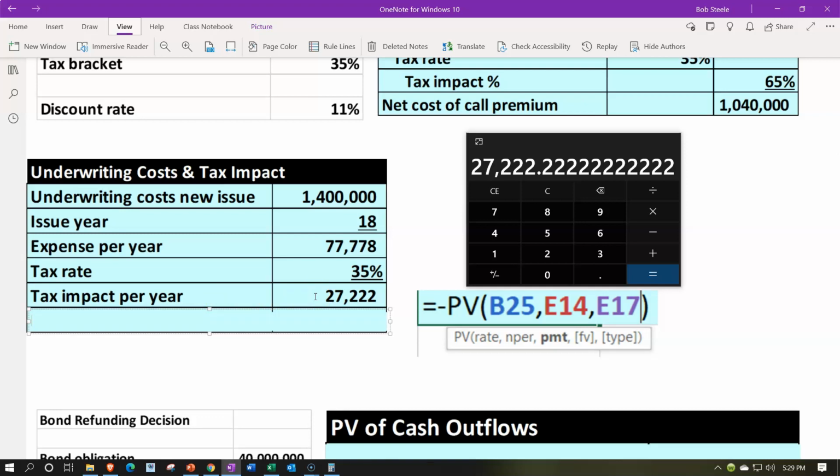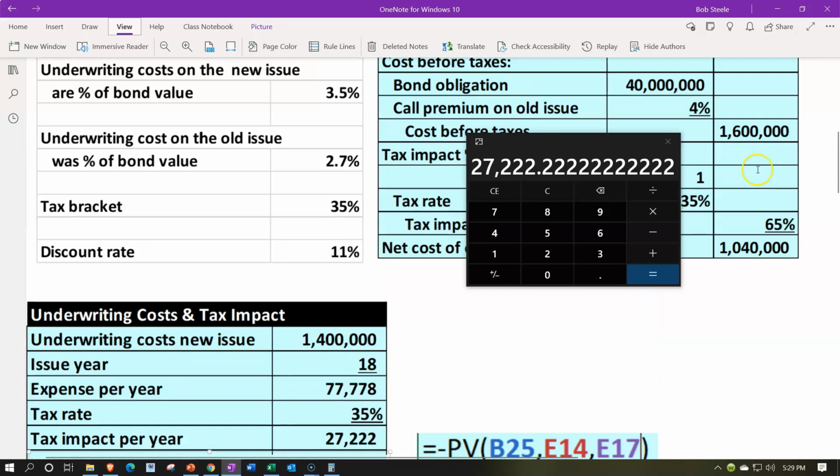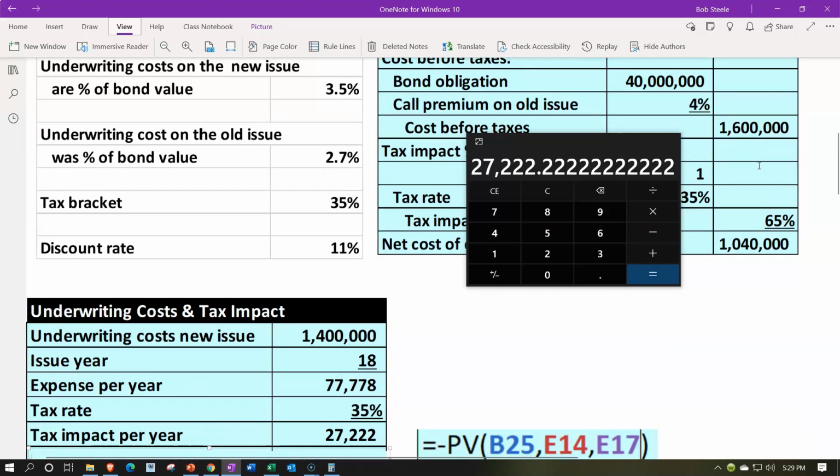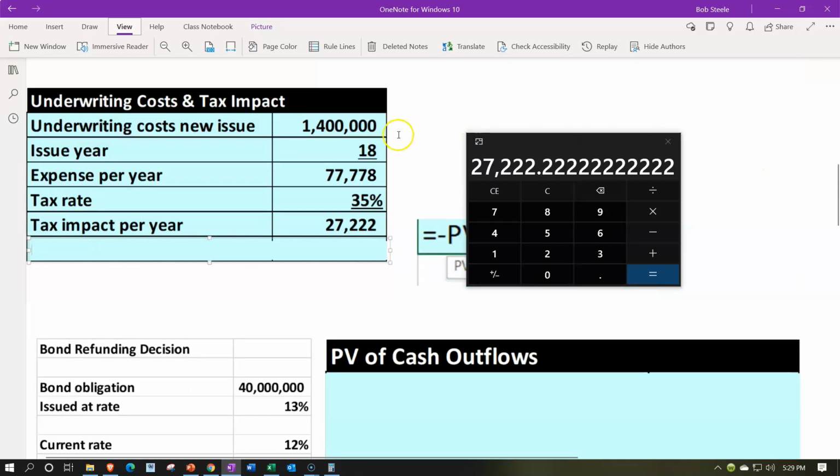So in other words, there's a cash outflow of the 1,400,000. There is a tax deduction for it, which, like the item up top that we calculated, will have a tax benefit. But unlike that item, we don't get to expense it up front, but kind of like depreciation, we have to take the expense over the life, which would be 18 years. That's what we are assuming. So therefore, we calculated the tax benefit per year. And then because it's going to be happening for 18 years, we have to consider the time value of money.